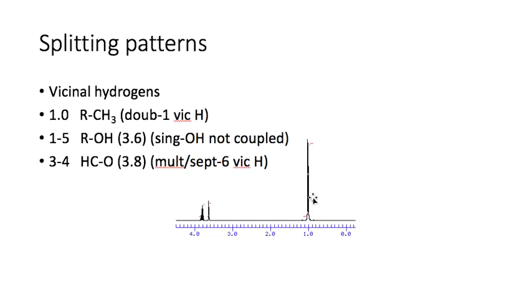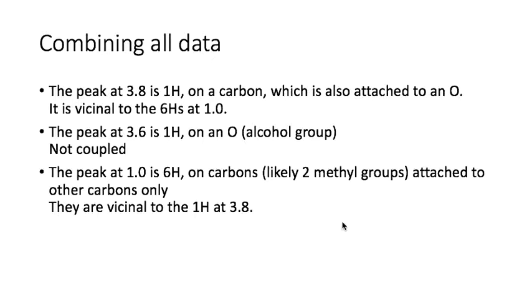The hydrogens that are making this peak are the same ones that are splitting that hydrogen's peak, and the hydrogen that's making this peak is splitting those. That's really important data.